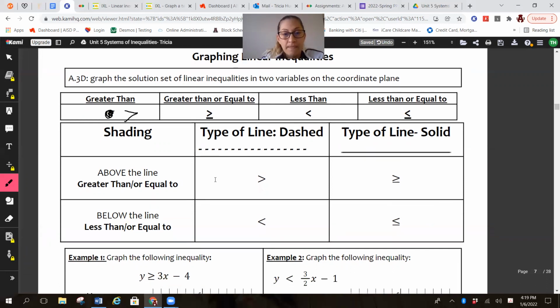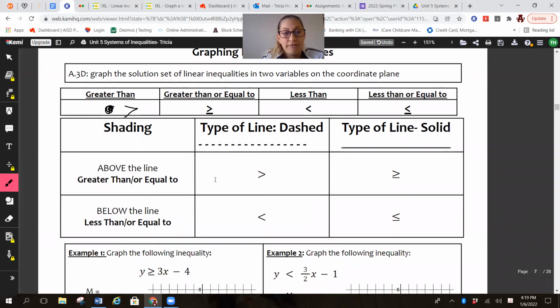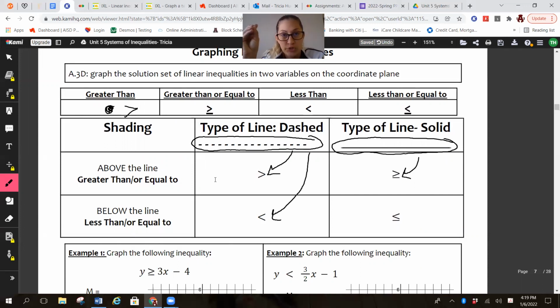Okay. If you have a dashed line, this is a dashed line, you will either have the greater than symbol or the less than symbol. You will have a solid line when it's equal to or greater, when it's equal to or less.